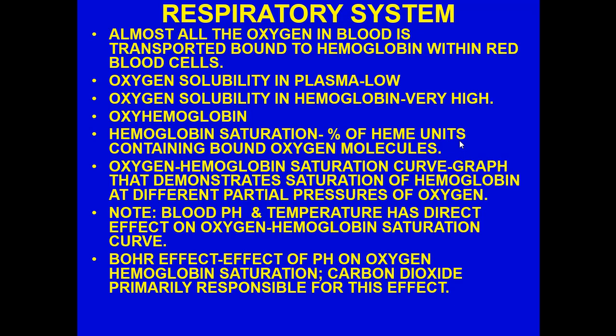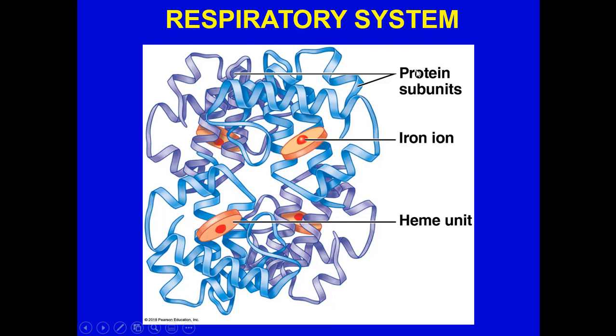Keep in mind also that blood pH and temperature have a direct effect on the oxygen-hemoglobin saturation curve. This is referred to as the Bohr effect, the effect of pH on oxygen-hemoglobin saturation. Carbon dioxide is primarily responsible for this effect.